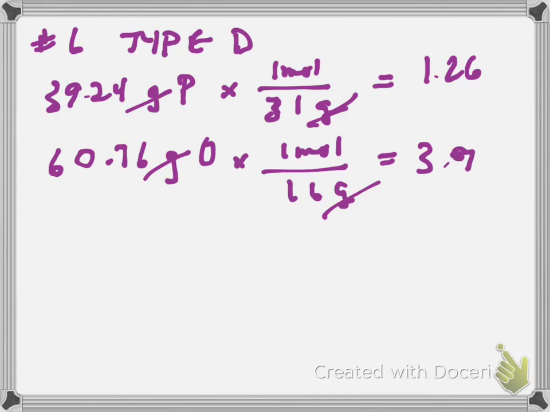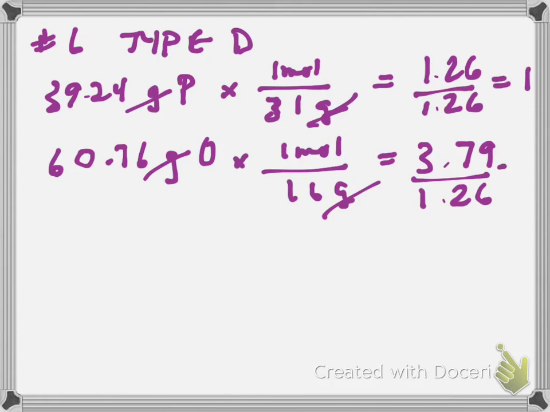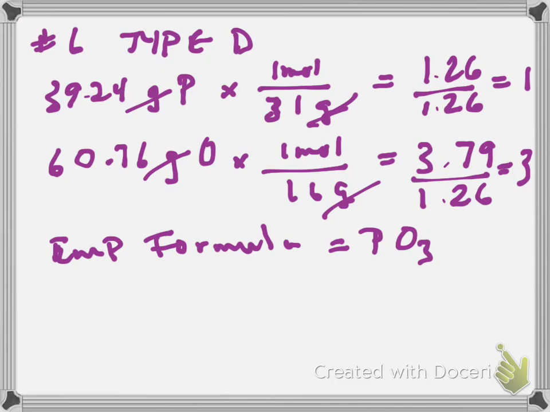And again, those never seem to be a relationship, possibly, if you're not looking at the math in your head. But when you divide them out by the smallest one of these moles, which is why you should do this step, just like we did up top in question 4, this comes out 1, and this comes out 3. So my empirical formula is 1 of the phosphorus and 3 of the oxygens, PO3.